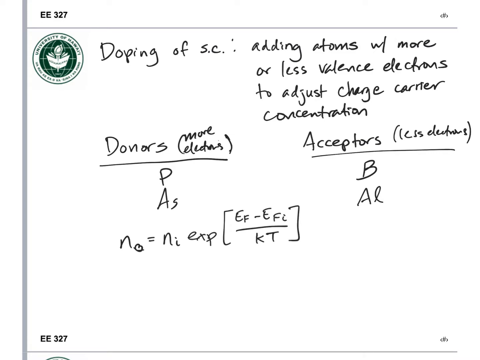And this looks similar in form to the previous electron concentration equation, but notice that we're referencing everything relative to the intrinsic concentrations. So this first term, n sub i, this is the intrinsic electron concentration. We're referencing the new Fermi level of the doped semiconductor to the intrinsic Fermi level of that semiconductor. And same thing with holes.